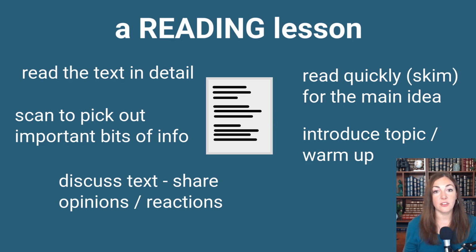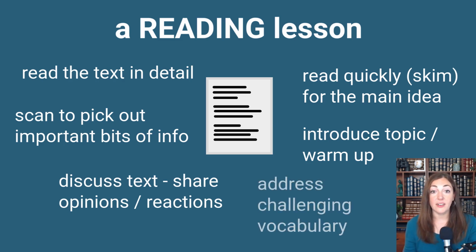You may also be concerned that there's challenging vocabulary in that text, and so you might want to pick out a few of those words and clarify them for the students so that they don't get stuck on those words as they're reading. So these are all things that might happen in that reading lesson, helping the students deal with and respond to that text.